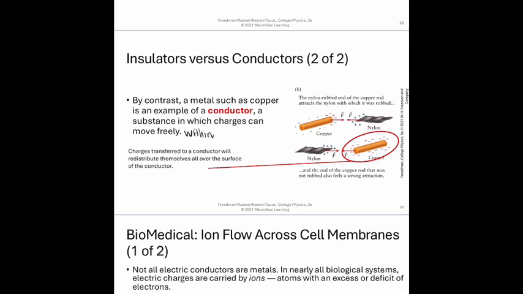On an insulator, the electrons will stick to the place that it was rubbed, okay? However, on a conductor, where charges are allowed to freely move within the conductor, the electrons will redistribute themselves all over the surface of the copper rod.